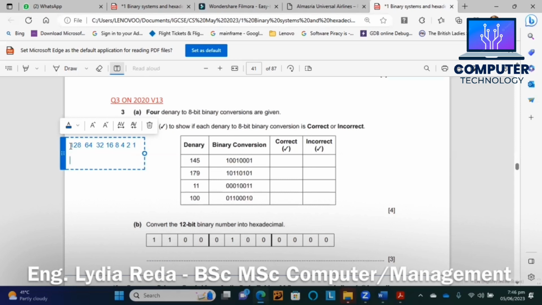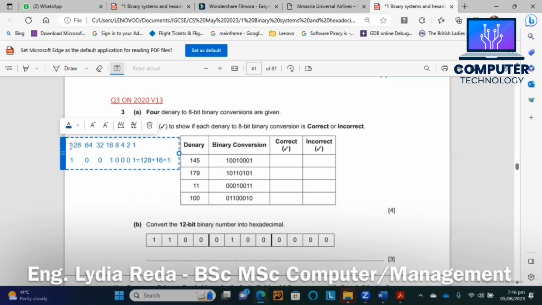So the first one is 1, 0, 0, 1, 0, 0, 0, 1. Let's see, it is 128 plus 16 plus 1, which is 128 plus 17, 145.